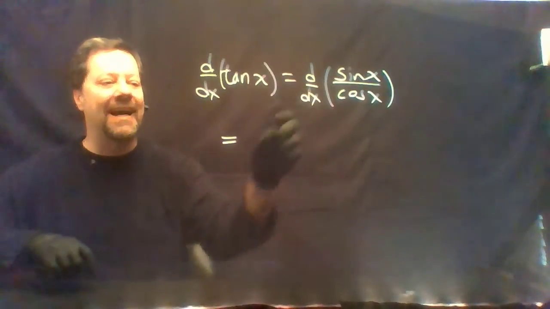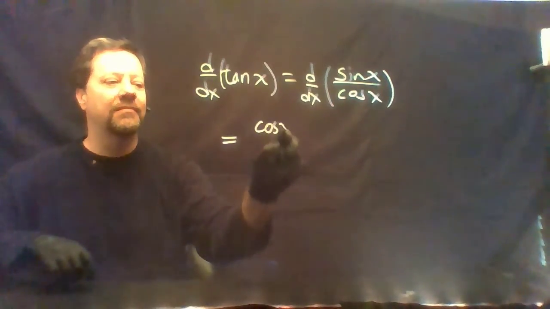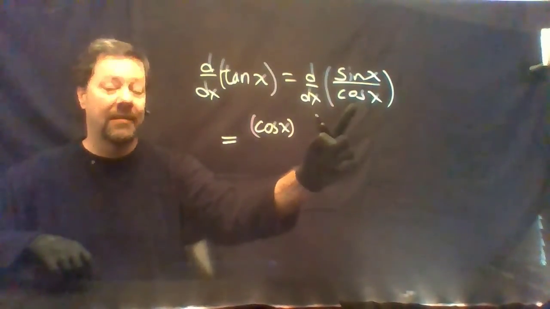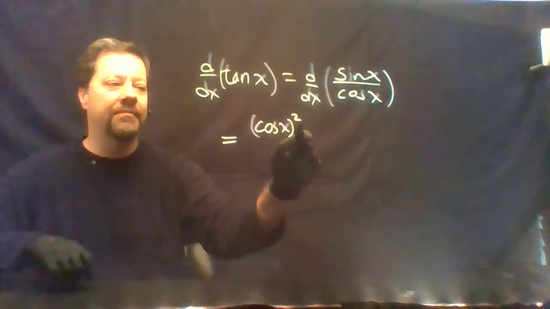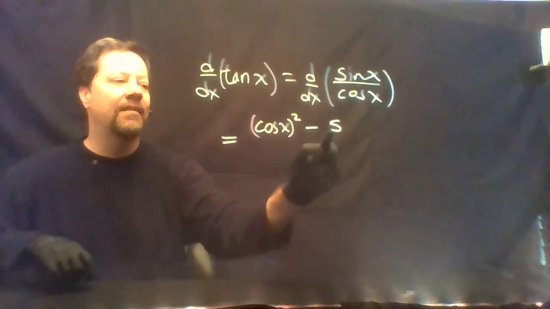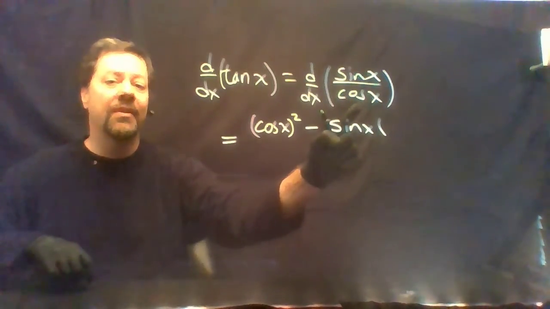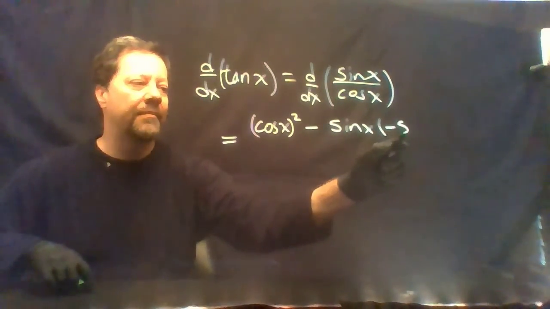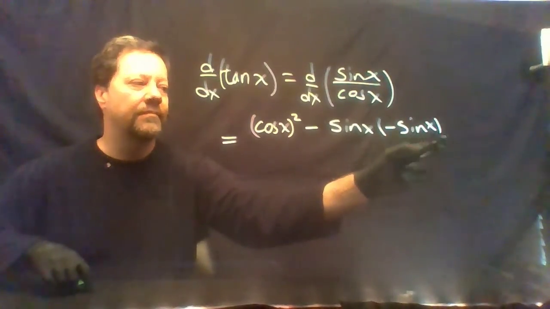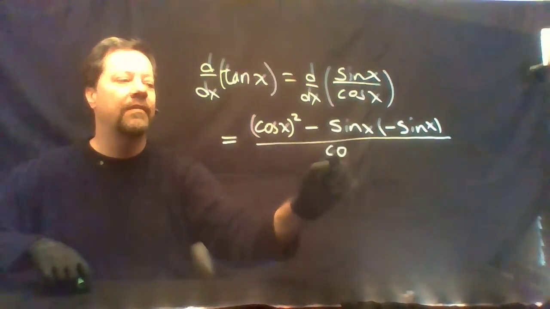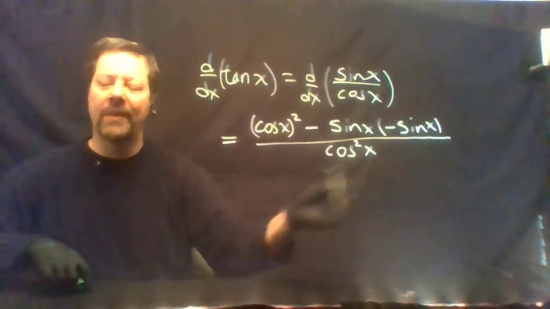The derivative of the top is cosine times the bottom minus the top times the derivative of the bottom over the bottom squared.